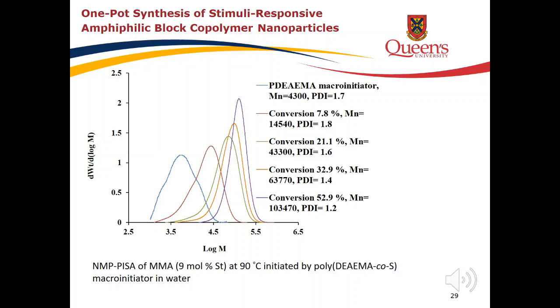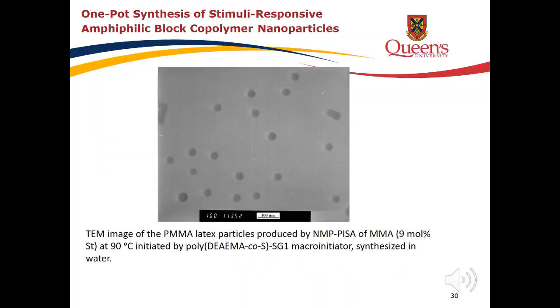And you can see as we extend the second block out to higher molecular weights, and we get up to about 53% conversion with an Mn value of just over 100,000, the dispersity just keeps getting better and better. And the final molecular weight distribution we see shows a near complete shift of chains from the initial macro initiator, which indicates we have very good livingness in the system.